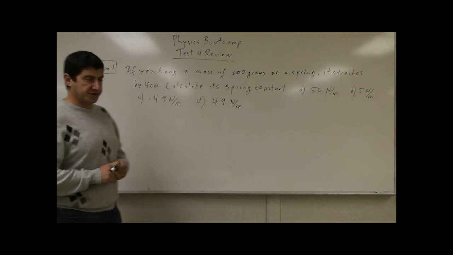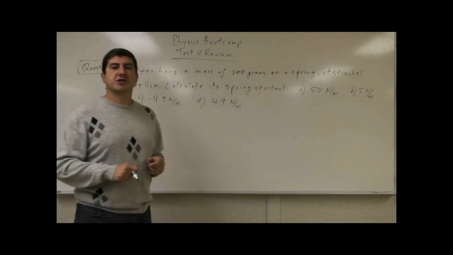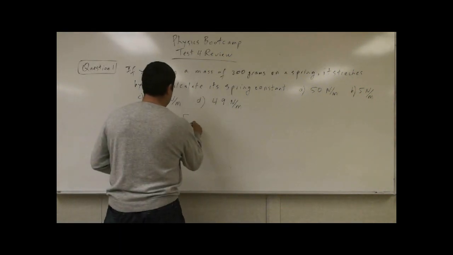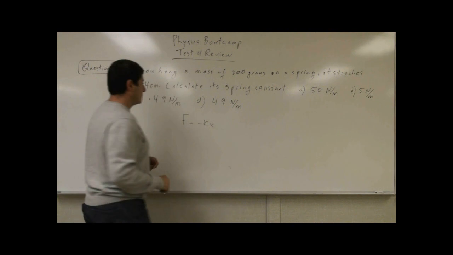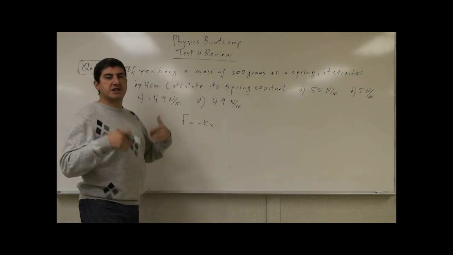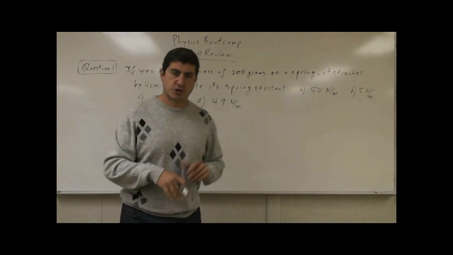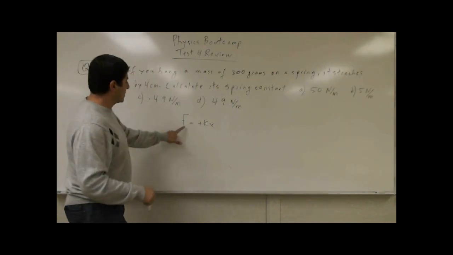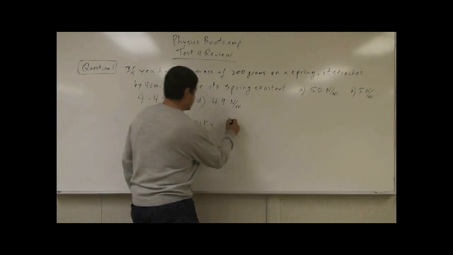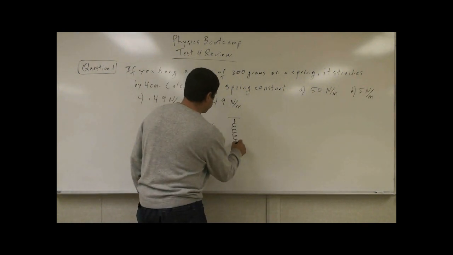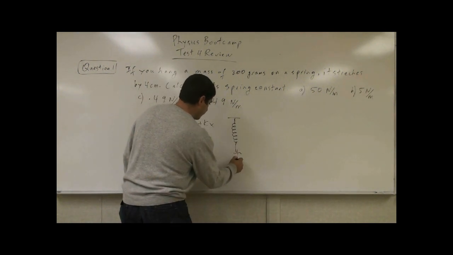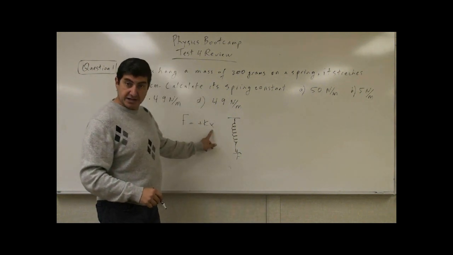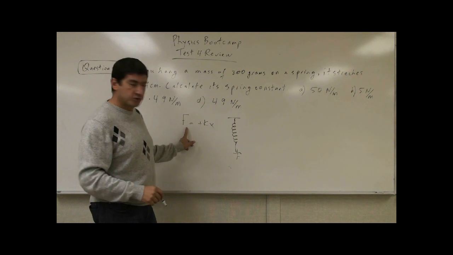Calculate its spring constant. For this, we're going to be using Hooke's law, F equals negative kx. For now, ignore the negative because it has to do with direction. So just concentrate on the absolute value. Hooke's law says that if you exert a certain force on a spring, the spring will stretch by an amount x proportional to the force that you exert.